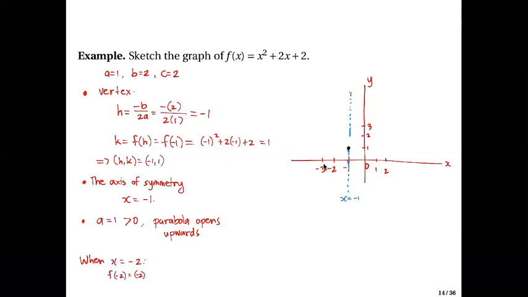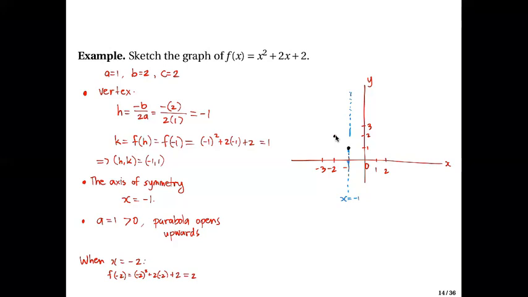This is negative 2 squared plus 2 times negative 2 plus 2. Negative 2 squared is positive 4, plus 2 times negative 2 is negative 4, so 4 minus 4 becomes 0, and then you have the plus 2 there. So you have 2. So you have (negative 2, 2). So it's somewhere here. This is x equals negative 2, this is y equals positive 2.